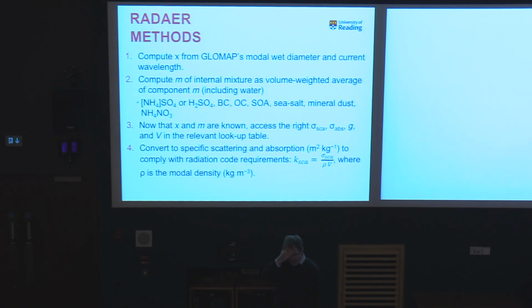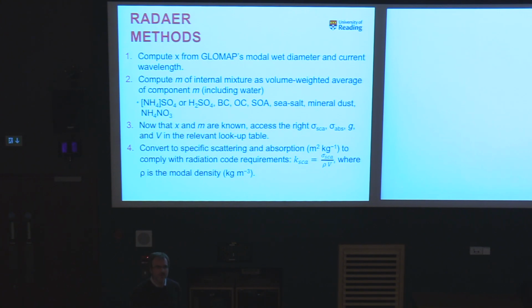So, how does RADAER do its job? Well, first it gets the wet diameter of the aerosol to compute the size parameter x. It depends on wavelength, so you need to loop on wavelength over the spectrum. Then you need to compute the refractive index of your mixture of aerosols.